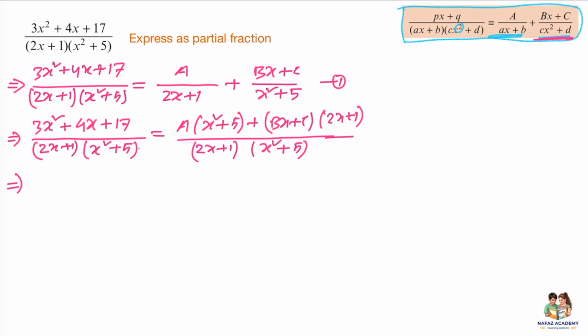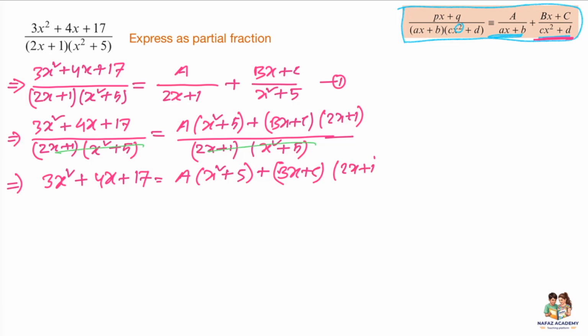Okay, now both sides have the same denominator, so it cancels out. 3x square plus 4x plus 17 equals A times x square plus 5 plus Bx plus C times 2x plus 1. You can expand it or write like that. It is equation 2.